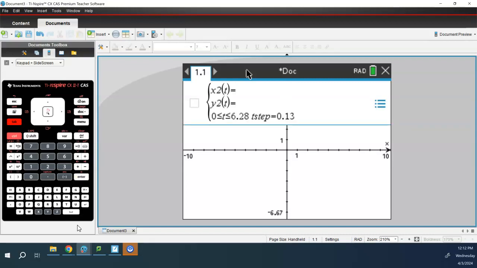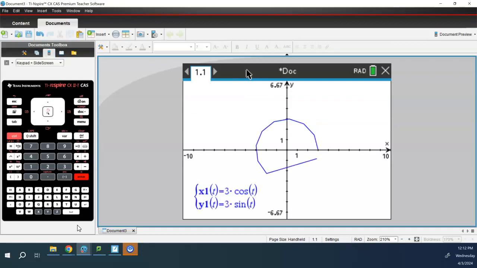So let's go something a little smaller than 12. 2? Yeah, I like 2. 2's a good one. All right? So now what it did is every 2, it calculated it.